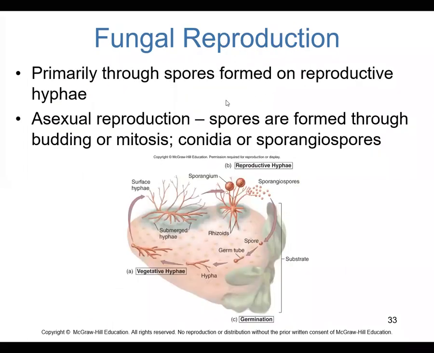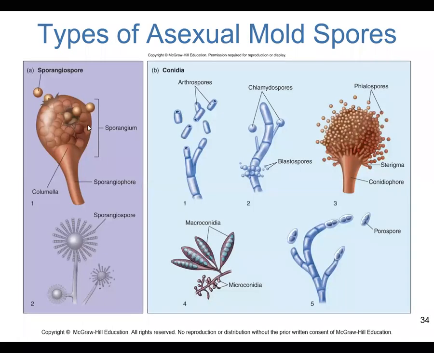All right, so reproduction, most of them are going to go through spores on the reproductive hyphae. We do have asexual reproduction on these, and those can be through either budding or mitosis, or on the conidia or sporangiospores. Now sporangiospores go in the sporangium, and the sporangium is a closed sac that has those sporangiospores in it. Conidia do not have that sac containing those spores, whether it's an arthrospore, chlamydospore, phyllospore, whatever.